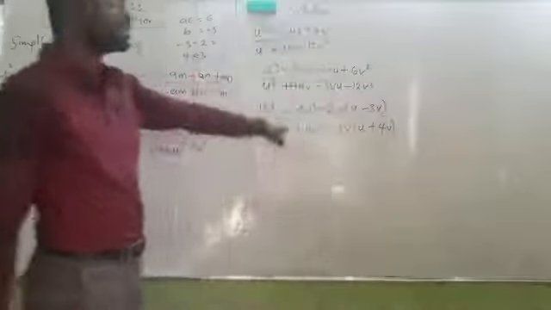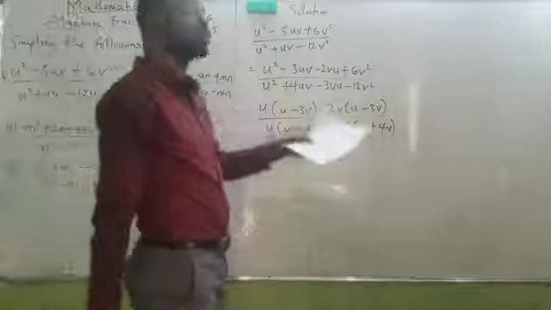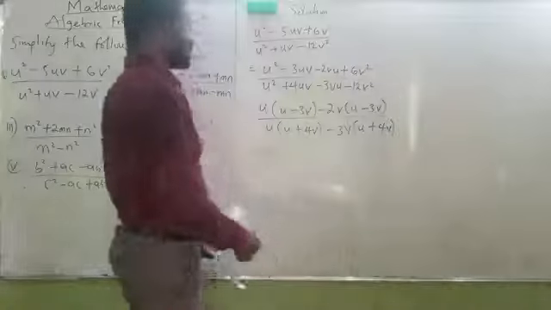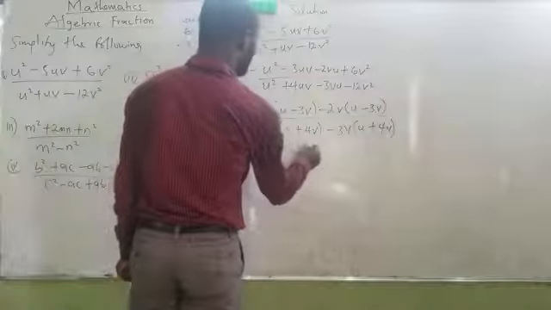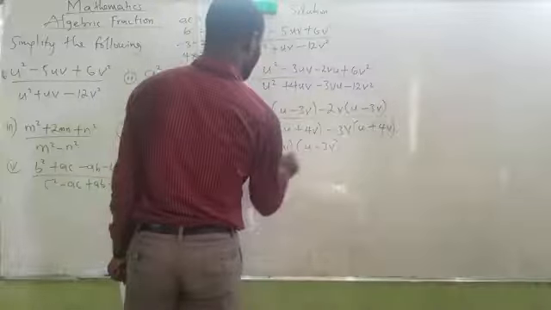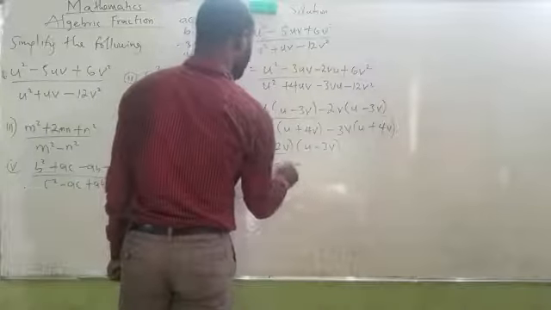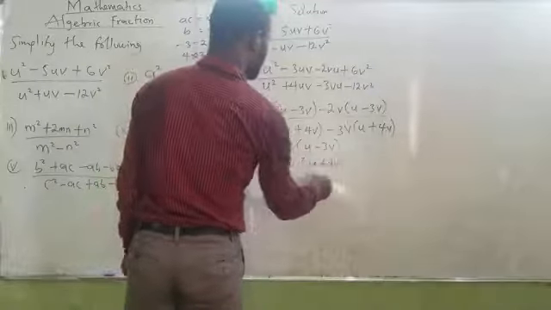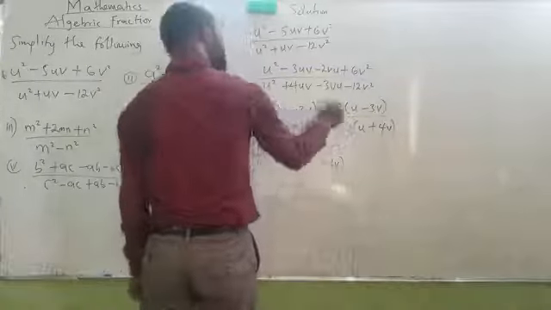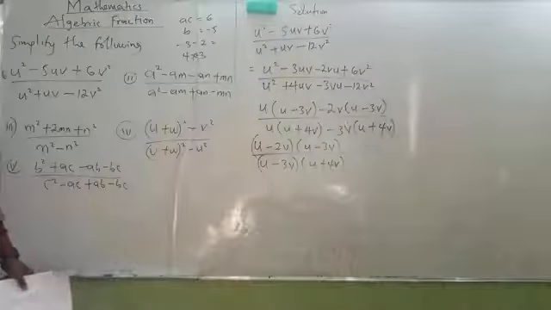Now, when you open the bracket back, you are able to go back to where you are coming from. And since that is the case, u minus 2v bracket of u minus 3v divided by u minus 3v bracket of u plus 4v. Now, this must be equal to this. That is the logic behind factorizing.